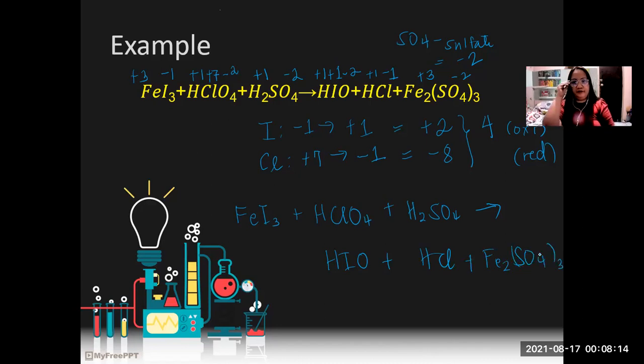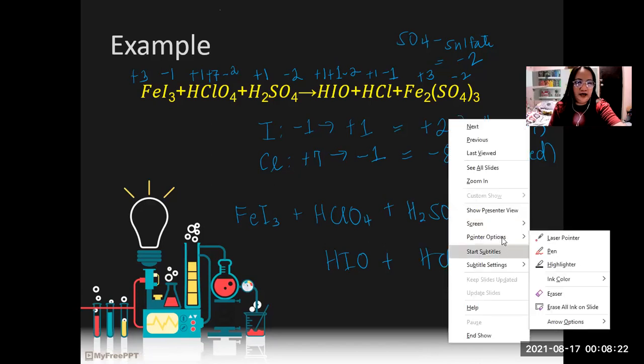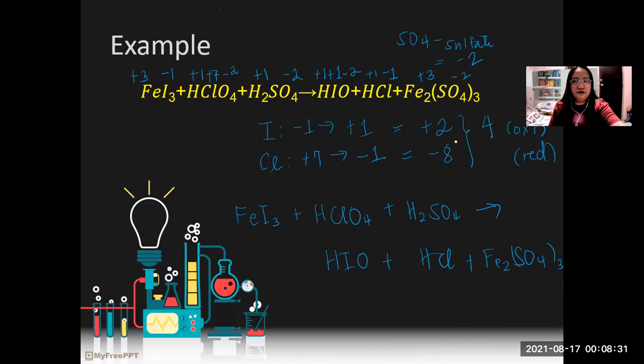Again, we will be multiplying anything, a compound or an element with iodine in it, by a factor of 4. So anything with iodine, we put 4.